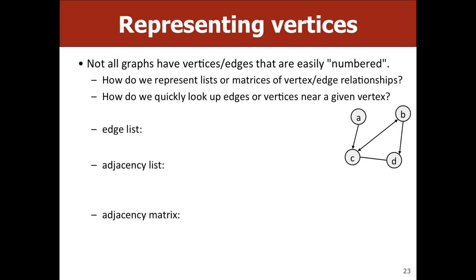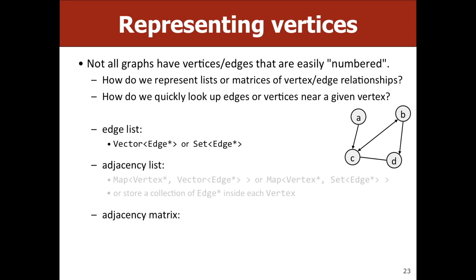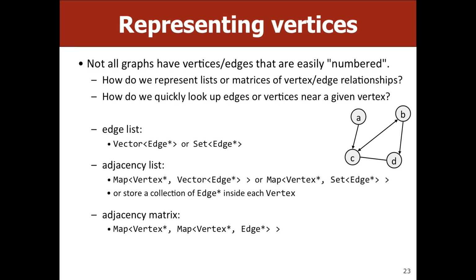Earlier, somebody asked whether these are stored in order and how that works. You wouldn't have them stored in order, because there's not necessarily an order to your vertices. It depends on the type they store, like the way they're named. Generally, you would have some sort of map of vertices to a list of edges, or you would store the collection of edges inside each vertex, which is what we did in our adjacency list implementation.